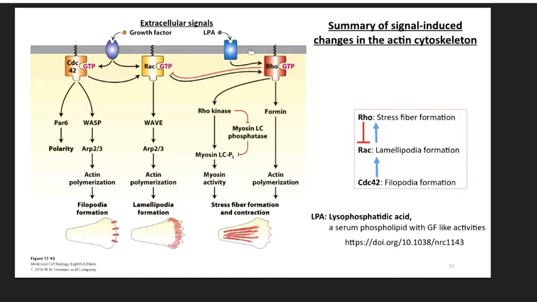Rho, in fact, affects two different molecules. In one case, Rho kinase, which helps in the myosin activity, and formin, as we know, is involved with actin polymerization. Now, Rho kinase can inhibit, or does inhibit, myosin LC phosphatase.